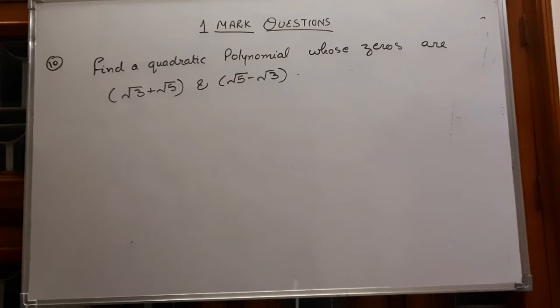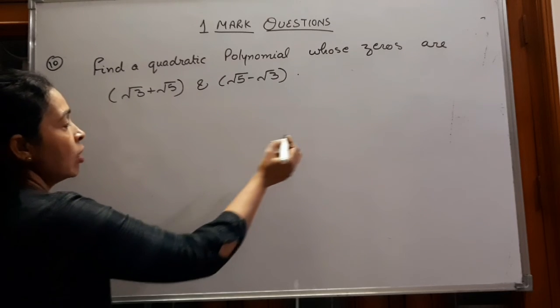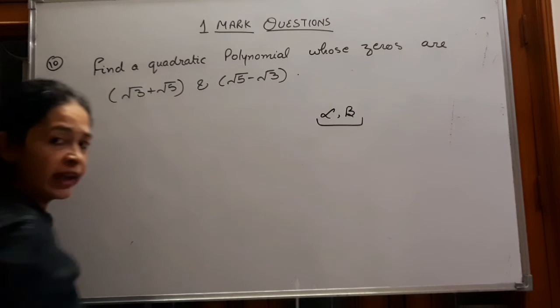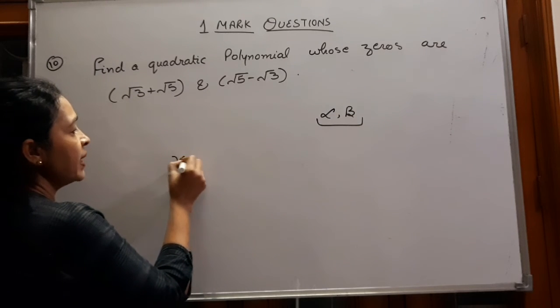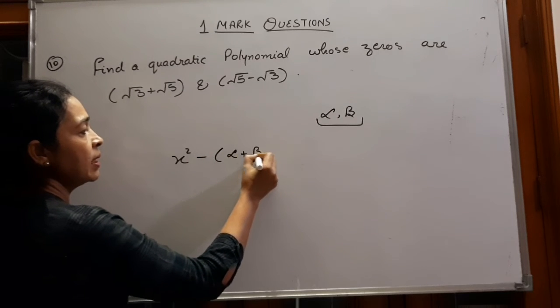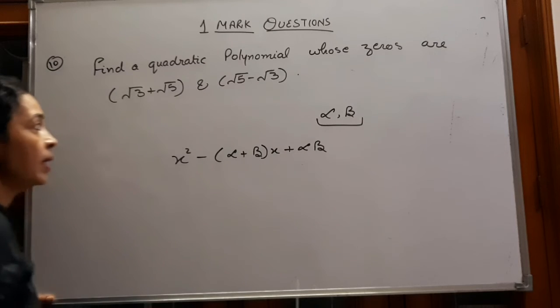Find a quadratic polynomial whose zeros are root 3 plus root 5 and root 5 minus root 3. Now children, if we have two zeros of a quadratic polynomial alpha and beta, the quadratic polynomial will be x square minus alpha plus beta into x plus alpha beta.